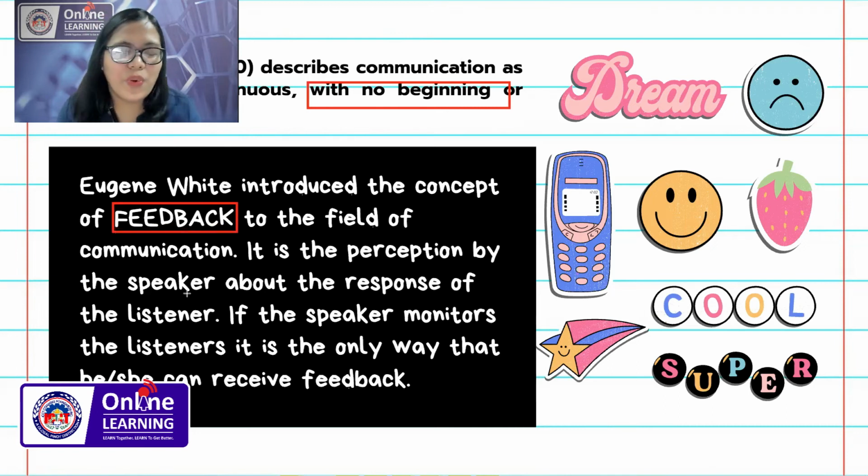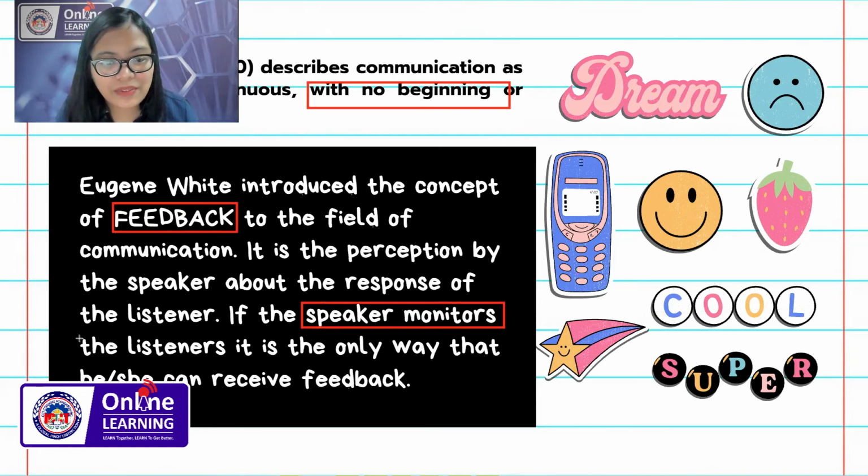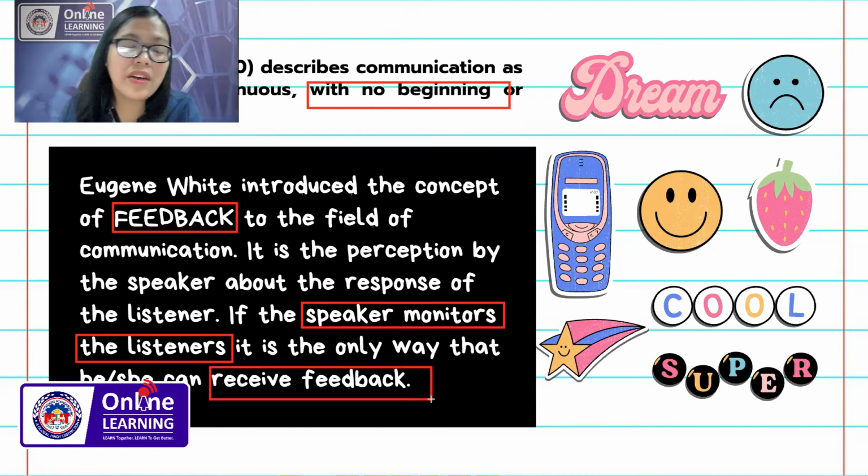In this perception, the speaker should be aware of the response of the listener. So the speaker should monitor the listener. Why? Because that is the only way that we can receive feedback, and communicate continuously. Because according to White, there is no beginning and there is no end.